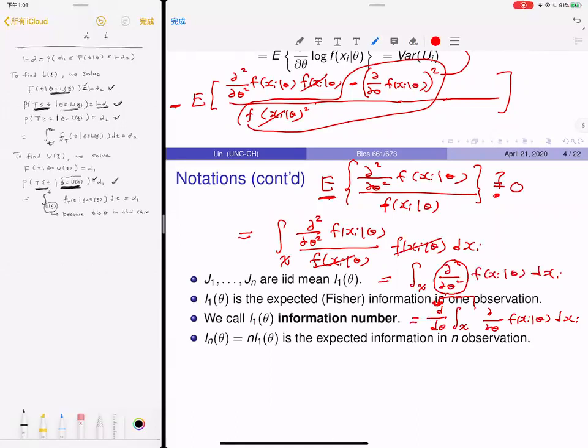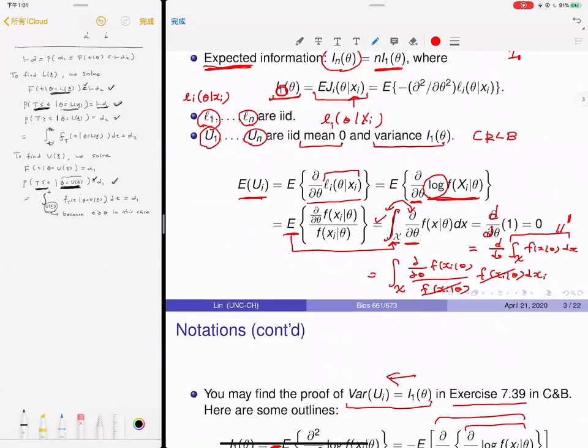Okay, and the reason I want to write that is because I do know the inside equals 0. Why is that the case? It's exactly your score function right here.